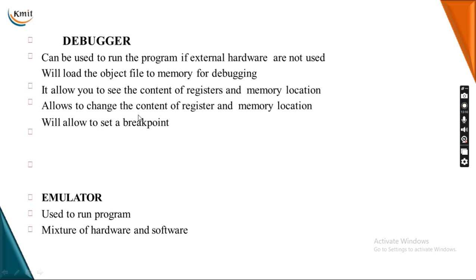Depending upon the registers, memory locations and instructions, it will show whether the registers and memory locations are free or not. And last, the emulator, which is used to run the program and combines hardware and software. So MASM or TASM you can use for assembly language programming.